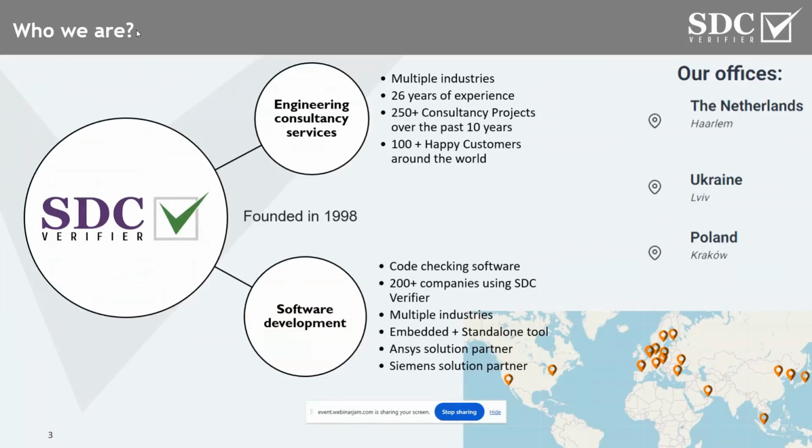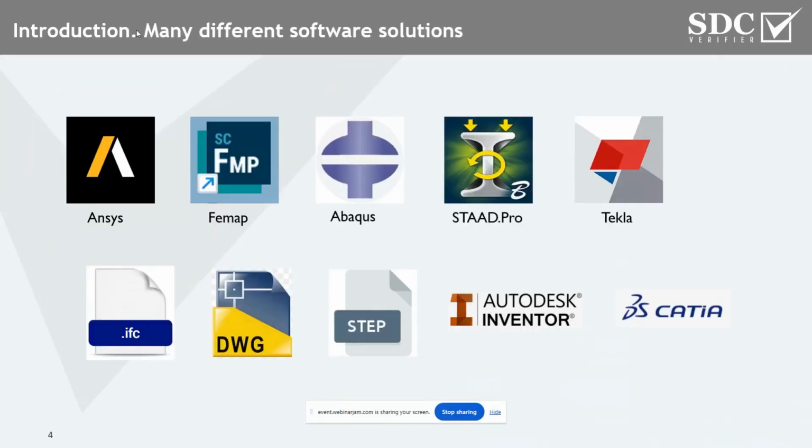So now we have grown to a pretty large company, and we keep growing in that direction, basically delivering the best software solutions to our clients as well as engineering consultancy services. But the main topic today is about how we can help you out with your specific solutions. I would like to start from a general overview, saying that there are many different software solutions in the market.